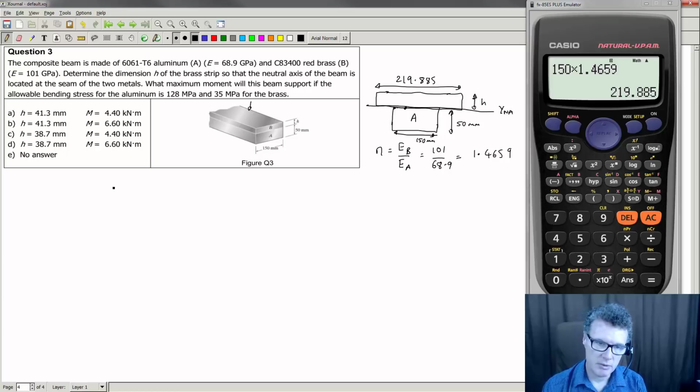So in this case, the neutral axis equals the sum of areas times their centroid locations divided by the areas.